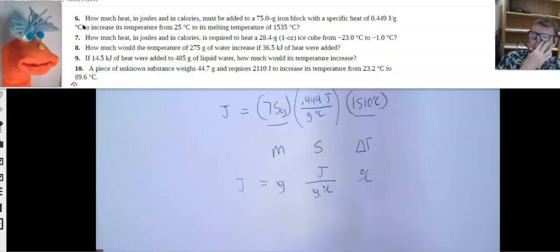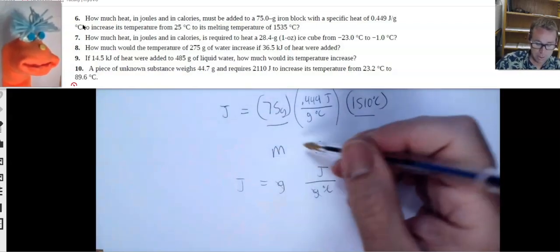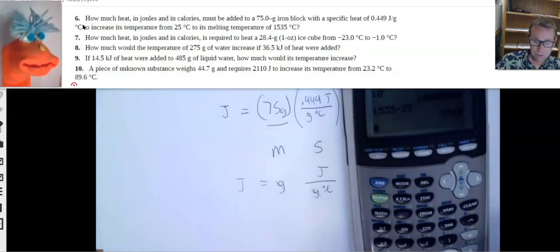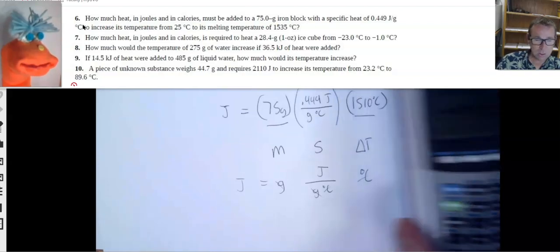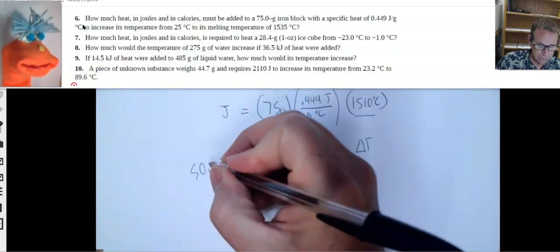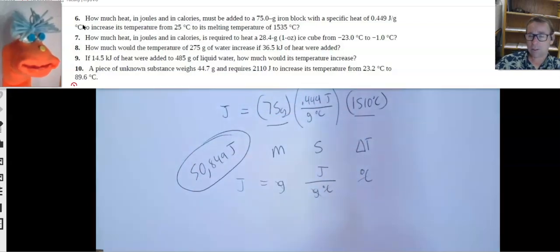Okay, so that is what we're utilizing to remind ourselves how these numbers come together. So 75 times the change in temperature times the specific heat, 0.449, that is 50,849 joules, or 50.849 kilojoules.